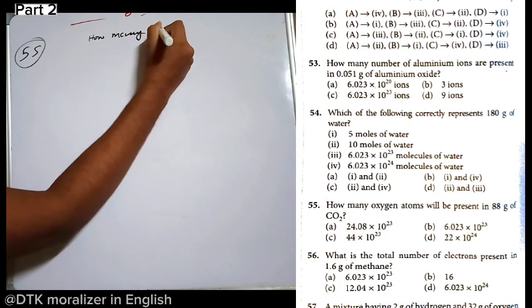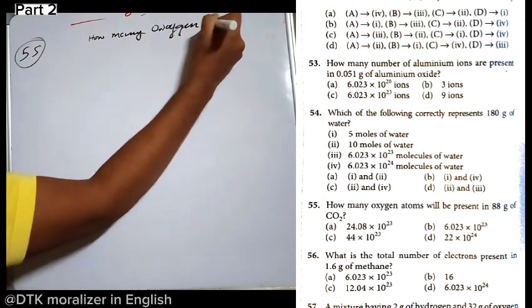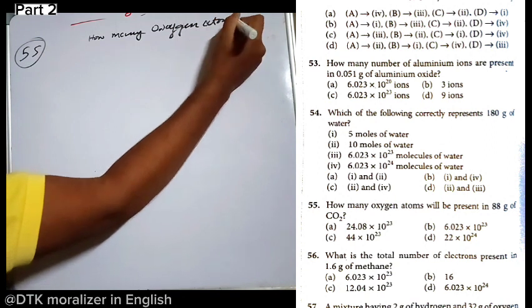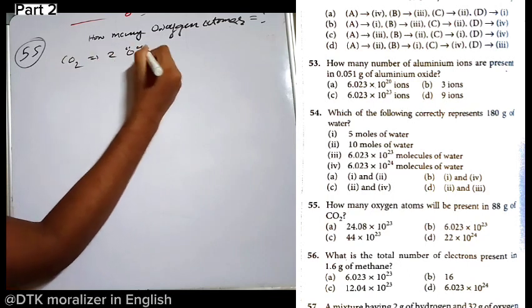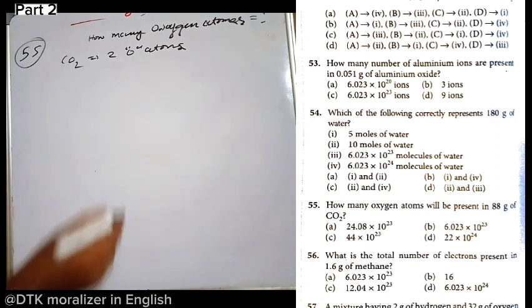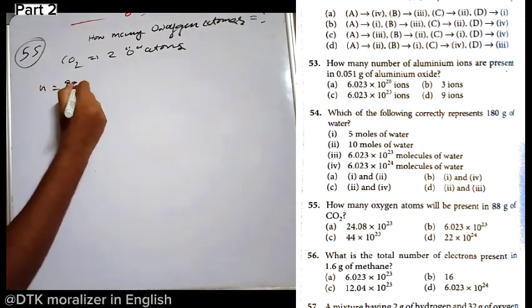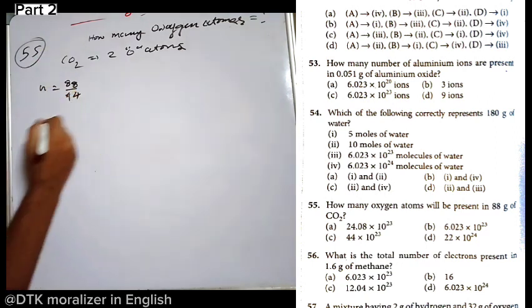Now question number 55. How many oxygen atoms will be present in 88 grams of CO2? We have to find that out. In CO2, there are 2 oxygen atoms.